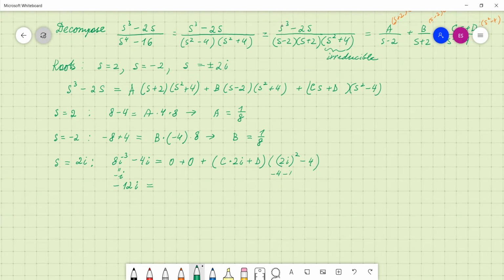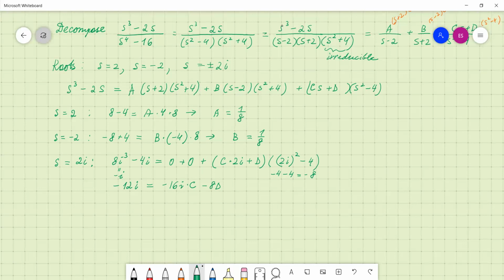So we have minus 4, which is going to give us minus 8. And if I multiply this minus 8 by 2i, I get minus 16i by c, and minus 8d. And that's kind of a simplified form.